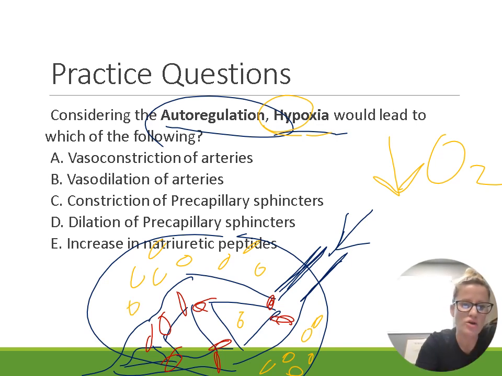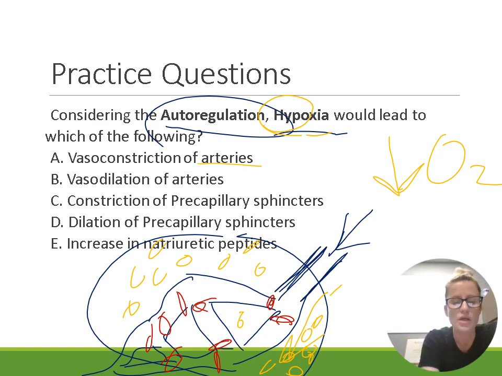If the cells here are not getting enough oxygen, that means they need more blood flow through the capillary bed, right? So if this cell over here is not getting enough oxygen, it needs more blood flowing in through this part of the capillary bed to bring it more oxygen. So what's going to happen?